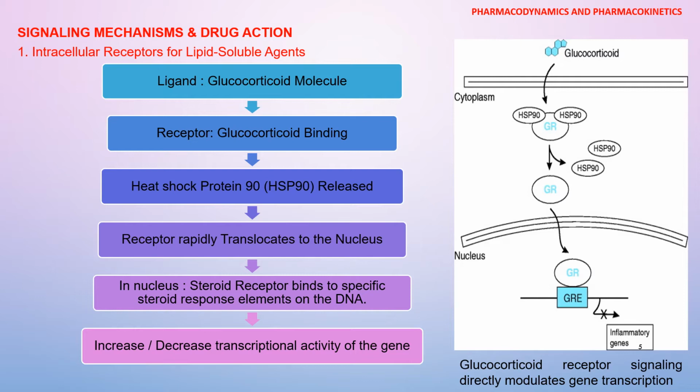Gene regulation by steroid receptors is slow in onset, but the response is long-term. Hence, it has therapeutic consequences. Firstly, glucocorticoid molecules cannot be used to relieve symptoms immediately.